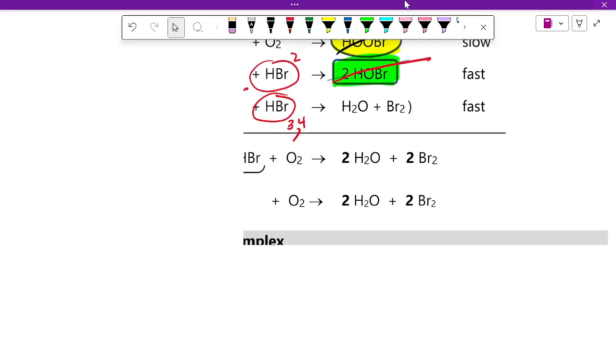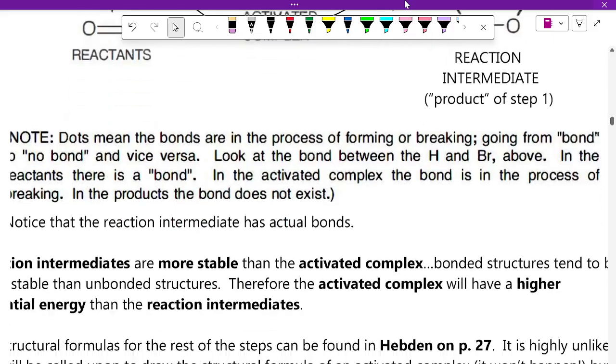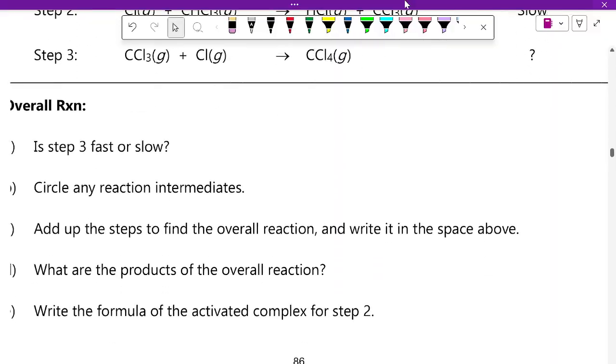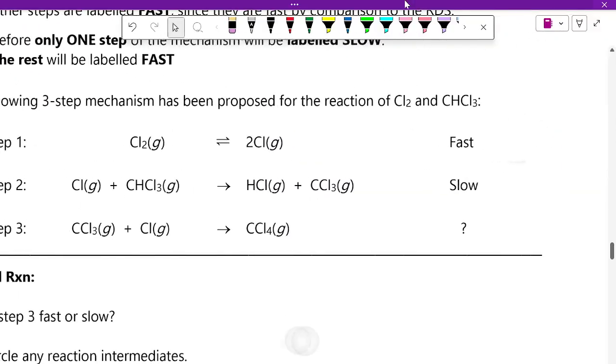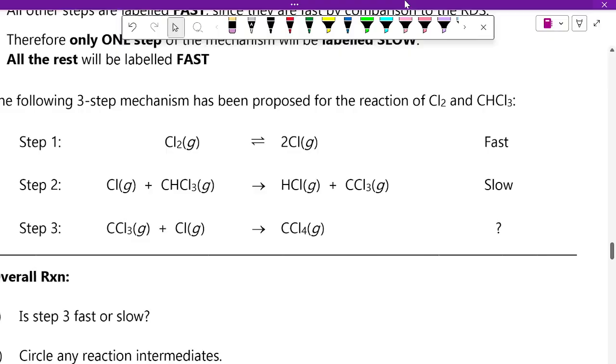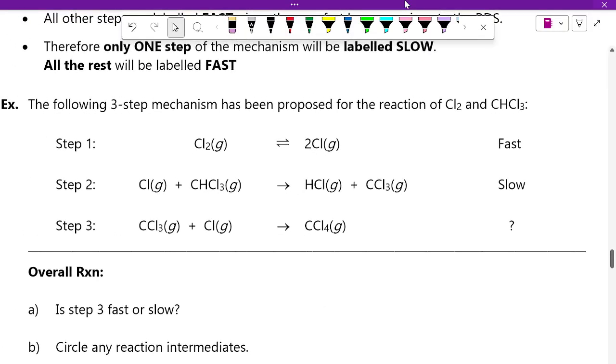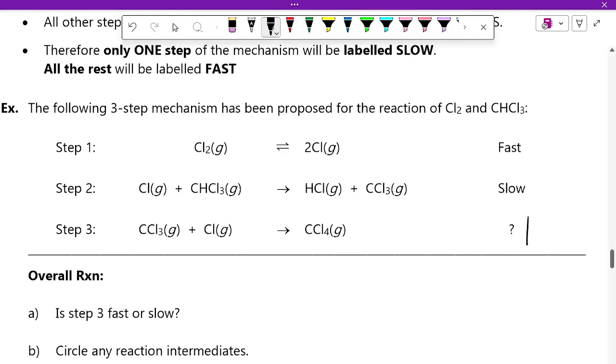Anytime you have a slow step already, none of the other steps can be slow. So if we have this 3-step mechanism here, step 3 has to be fast or slow? Step 3 has to be fast because we already have a slow step. Only one slow step.